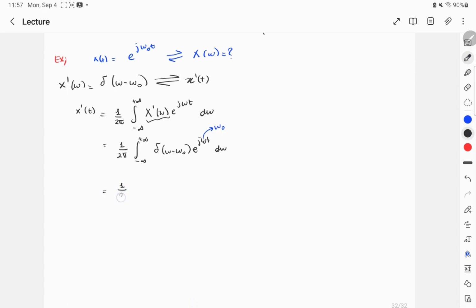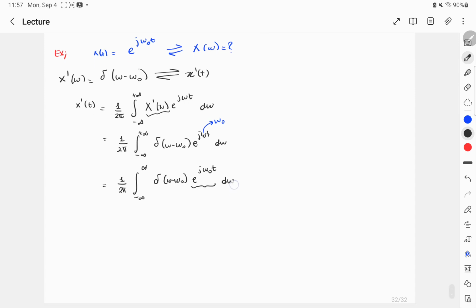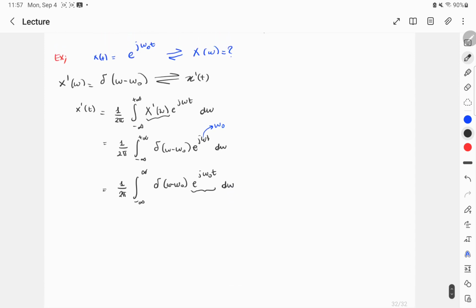And then after doing that replacement, we will have e to the jω0t dω. And since this one is now an independent coefficient with respect to ω, we can take it out and we can write basically this expression over here.